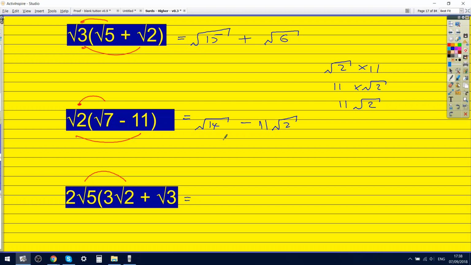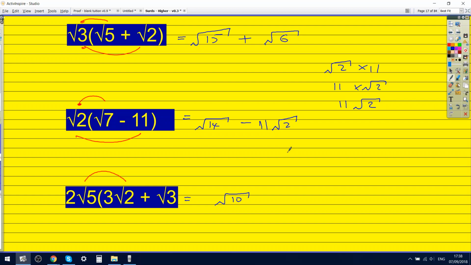So, do you have like... Say it again, sorry? Root of 5 times root of 2? Yeah, what's that? Root 10. And what about the 2 and the 3?